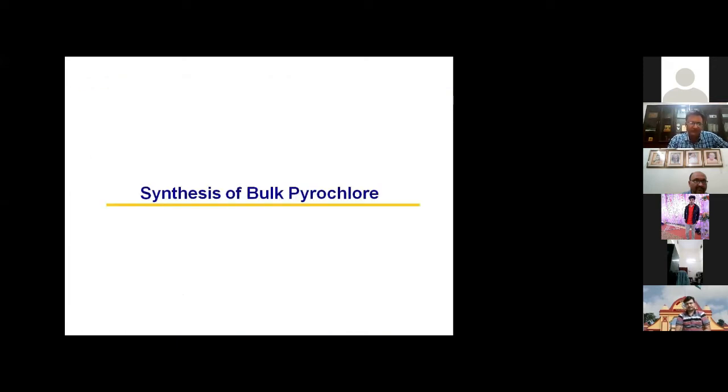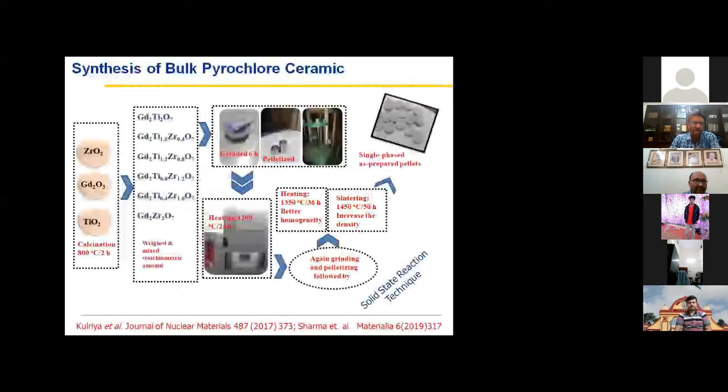The technique that we used for the synthesis of these materials is a very simple solid-state reaction technique. We took these reactants and did calcination at 800 degrees centigrade for 2 hours, so that any water or moisture can be removed. After that, we did weighing in stoichiometric amounts.